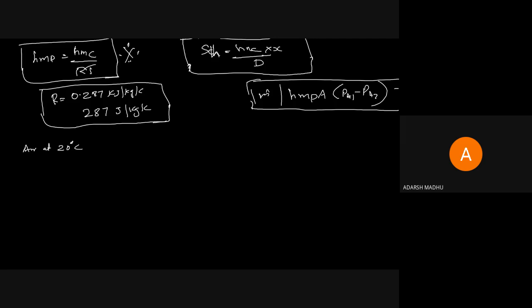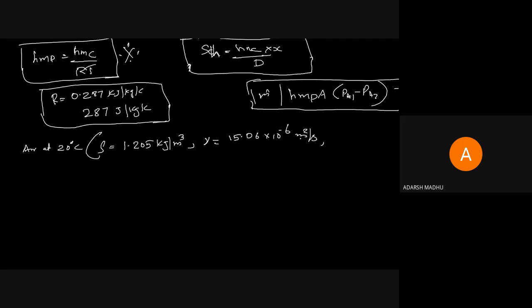So air at 20 degrees Celsius, with density rho equal to 1.205 kilogram per meter cube, and kinematic viscosity nu equal to 15.06 into 10 power minus 6 meter square per second.